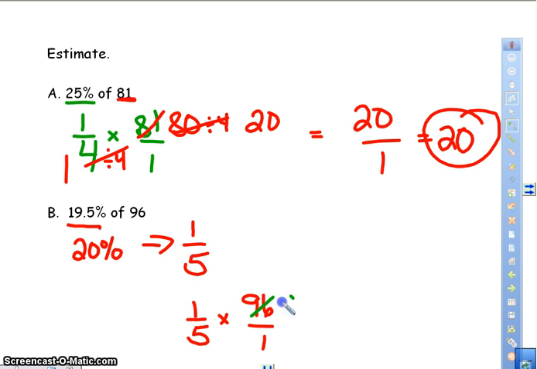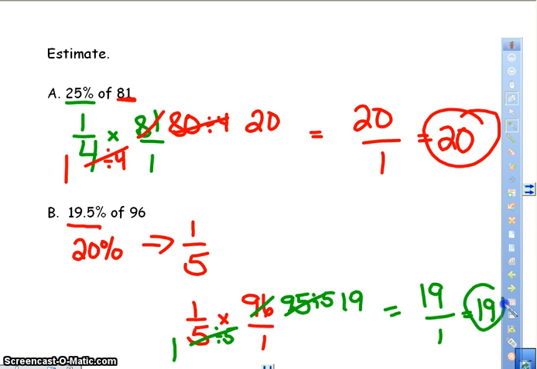So I'm going to change it to the next closest number, which would be 95. So I'm going to divide both sides by 5 to cross reduce. This is 1, this is 19, and then we're going to multiply across. 1 times 19 is 19. 1 times 1 is 1. So my answer is 19.